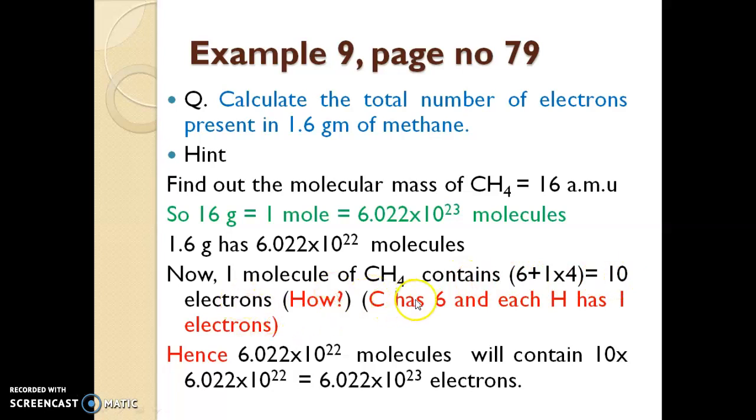How? Carbon has 6 electrons and each H has 1 electron, so total 4 from hydrogen, and carbon has 6, so total 10 electrons. So these 6.022 into 10 to the power 22 molecules will contain 10 times this many electrons, so again the Avogadro number is coming back.